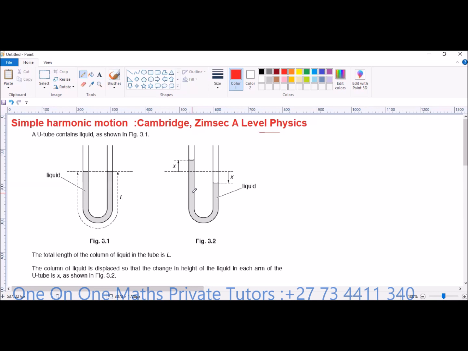A case in mind is the Tacoma Bridge. If you look it up on YouTube, you'll find that the Tacoma Bridge fell because of simple harmonic motion. The frequency of the bridge was equal to the frequency of the wind that was blowing.